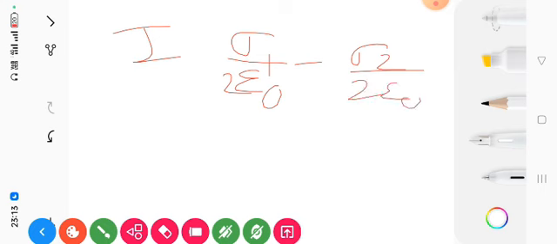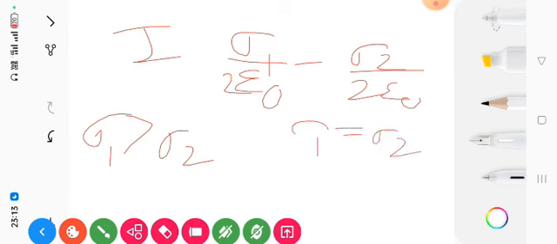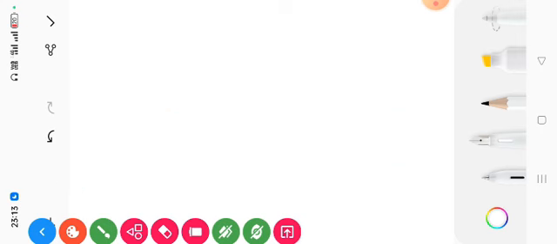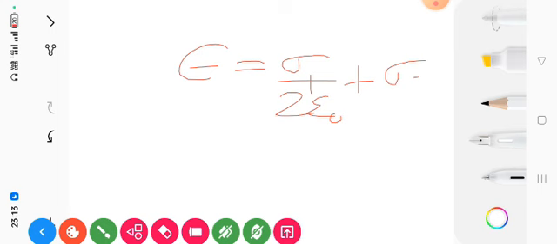If sigma 1 and sigma 2 are equal, then it will be 0. For the third region, the condition is the same. For the second region, they were in the same direction, so they will add up. So the electric field will be sigma 1 upon 2 epsilon naught plus sigma 2 upon 2 epsilon naught. If they are equal, then it will be sigma upon epsilon naught.